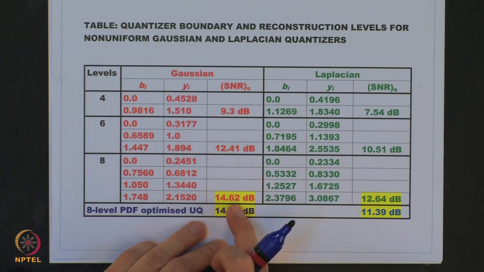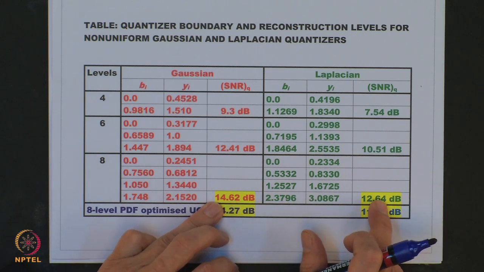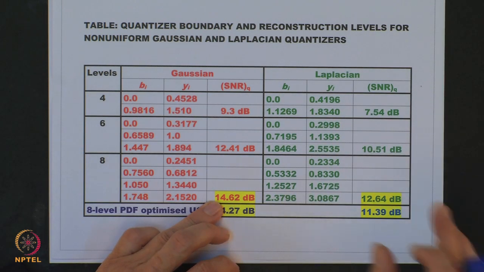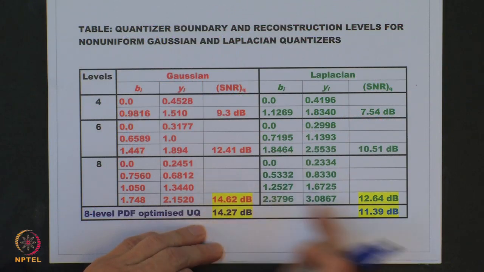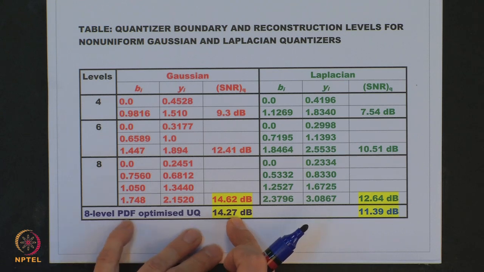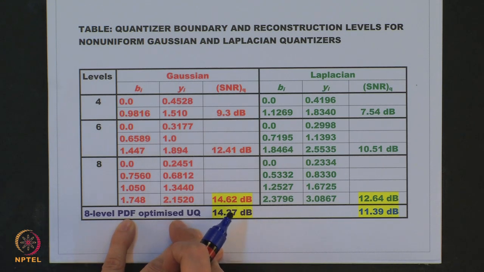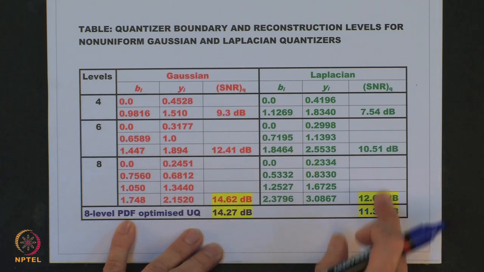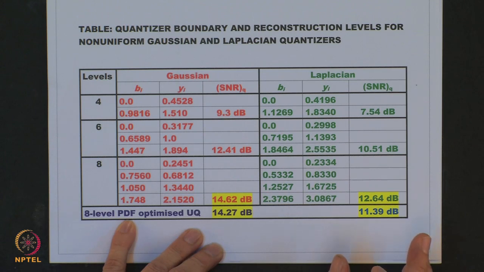We notice one thing here also: look for example at 8 levels, the Laplacian signal to quantization noise ratio comes out to be lower than this, because Laplacian has a heavier tail, that is the reason. And one more thing is that these quantizers give you better performance compared to the 8 level PDF optimized uniform quantizer. So, you get some improvement both for the Gaussian case and for the Laplacian case.